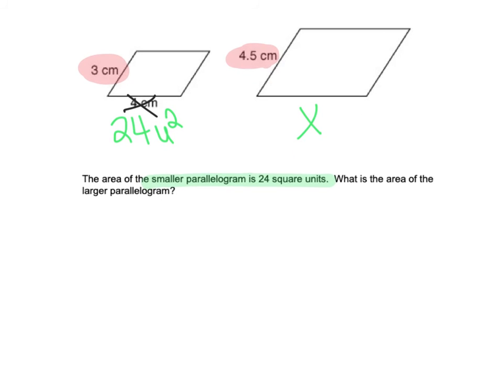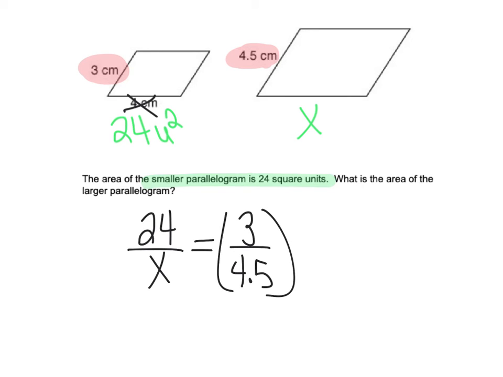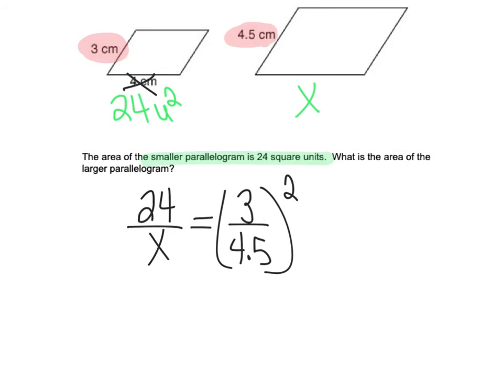So we have area over area, so I'm going to have 24, because that's the area of the smaller one, over x, that's area over area, equals side length 3 over its corresponding side length, which is 4.5, and I need to square both parts of that.